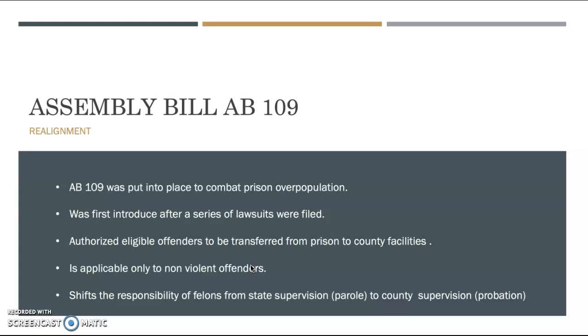This program gave authority to state prisons to transfer eligible inmates from state prisons to county facilities. Not only did it give the authority to transfer inmates, it also gave the authority to shift the responsibility of eligible felons from state supervision, which is known as parole, to county supervision, which is known as probation.